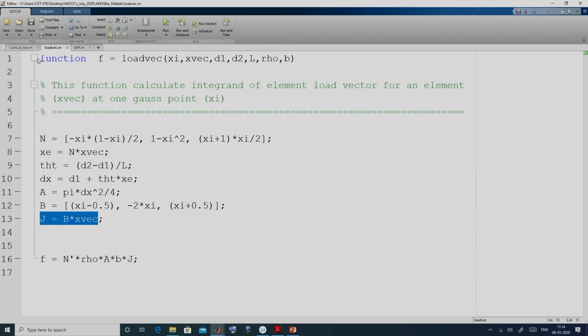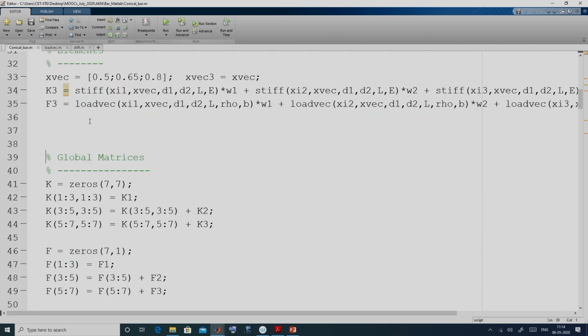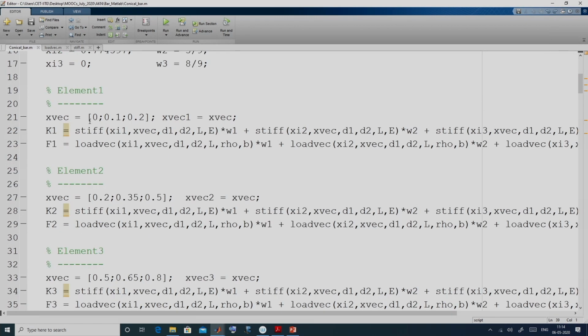Now, if we see our main program, here for each element we calculate this f1, that is the first part of the load vector for element 1. Here again these are the nodal coordinates for the first element.